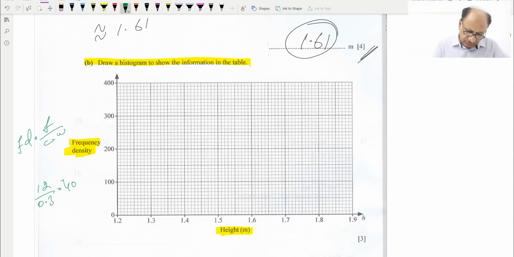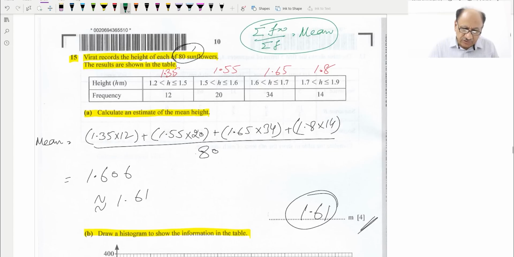Yes, now this is correct. We need to take up to 40. So 40 will be up to this mark, and this will be our histogram, which is representing basically 40 people. I'm just mentioning it for your understanding. Next is 20 and 1.5 to 1.6.